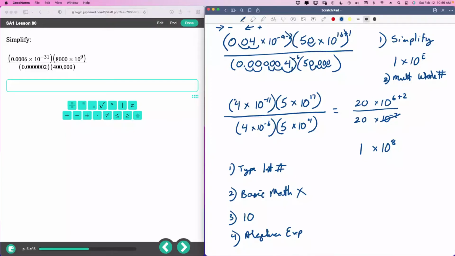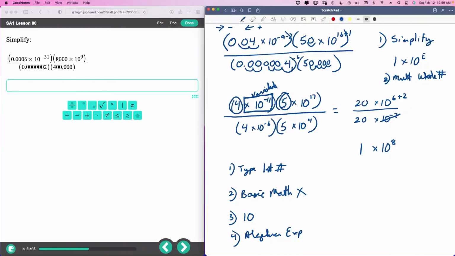You multiply this number and this number. We always treat times 10, the whatever, as a variable. Okay, the variable is this. You've got to break it down in your head like that. This is the whole number, this is the variable.